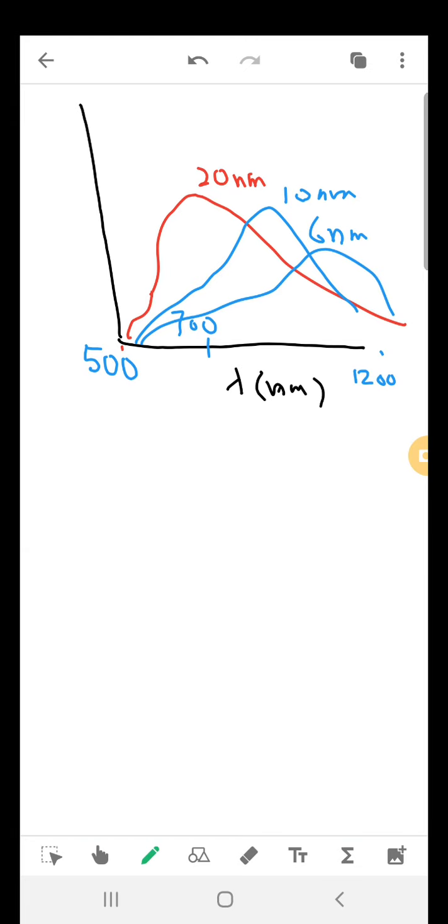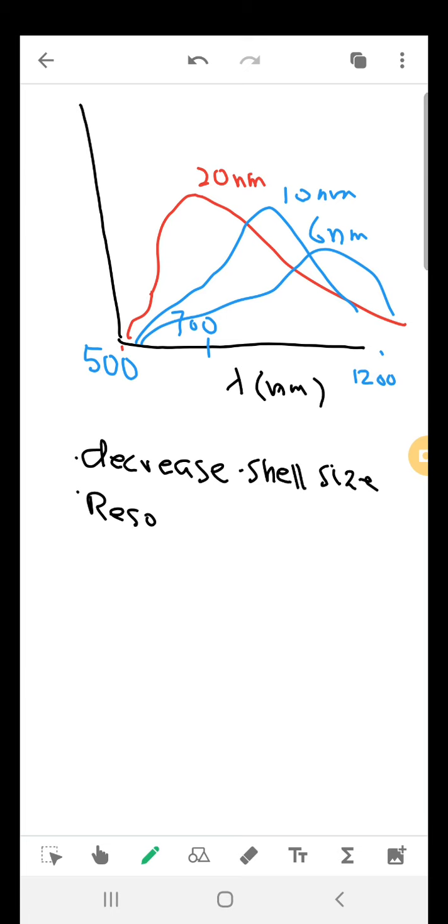So as we decrease the shell size, it has resonance shifting towards higher wavelengths. So how the core shell is, we are changing the size.